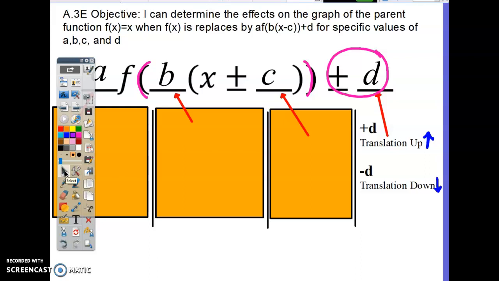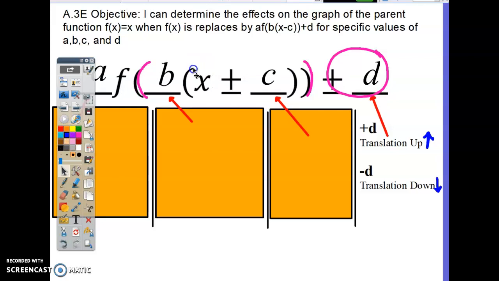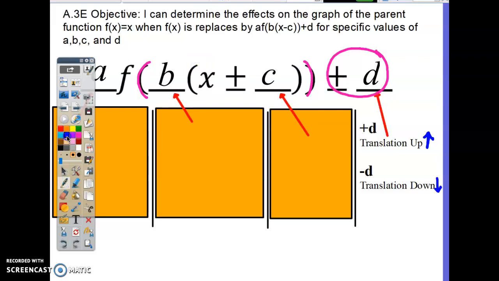Next, I want to talk about C. C is always going to be inside the parentheses, and C always does the opposite. So I want you to write down right here that it is going to be the opposite. Lo opuesto, the opposite. Because normally, when you go to the right, those are positive numbers, and when you go to the left, those are negative numbers.